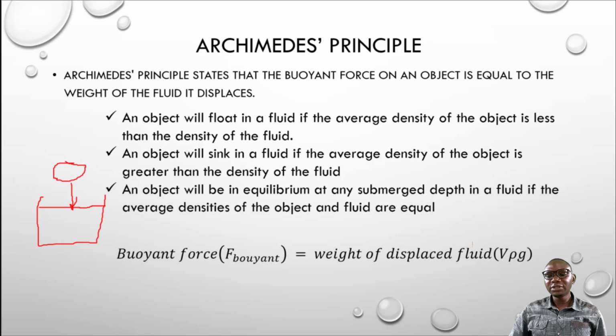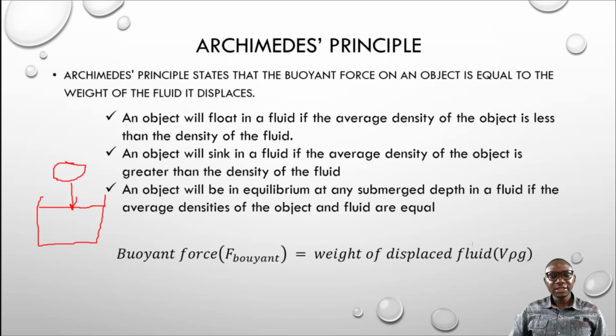The object inside the fluid will only float on one condition: the average density of that object, assuming that the object is made up of different materials, so the density of all those materials, when you add them together and determine the average, must be less than the density of the fluid. What this is simply saying is that the object must not be heavier than the fluid it is inside.